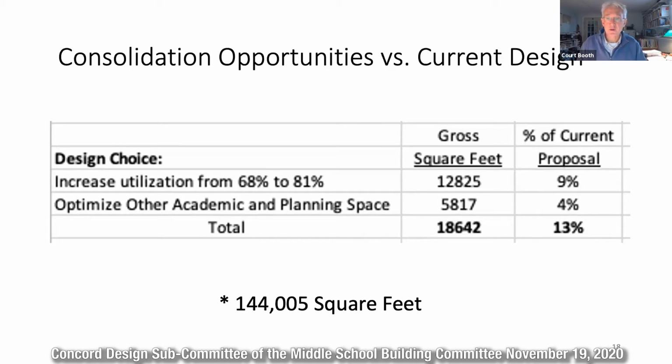And then if we were to try to achieve Gates on the other academic space, and that's a big if, just a hypothetical, mind you, that's that 5,800 we just mentioned, that's fully 13% reduction or 18,000 square feet off the current 144. That's what that would do physically.